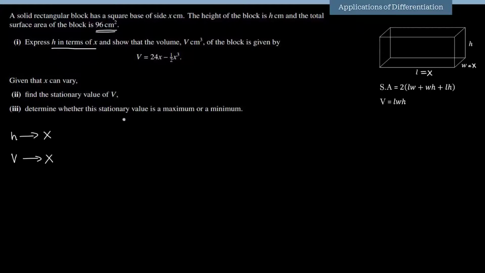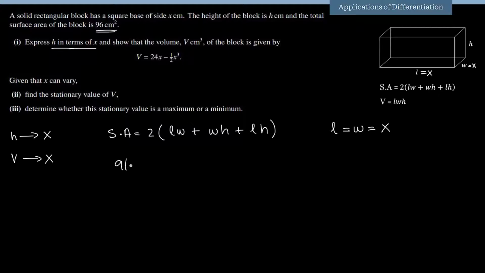So if I use my formula, surface area is equal to 2 times the length times width plus the width times height plus the length times height. We know that the length and the width are equal to x and the surface area is 96 centimeters squared.